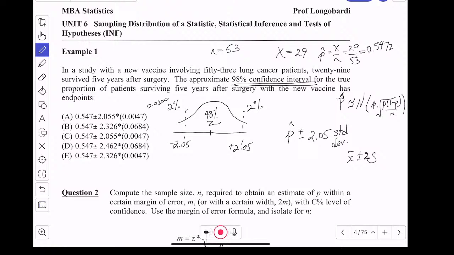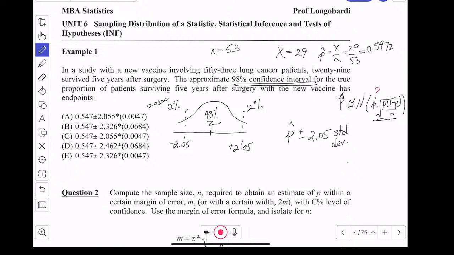Okay, so what are the standard deviations? Well, from the theory, I also have the standard deviation. I have this here, but I don't know p. So in every case, I don't know p, but I'm going to estimate p with the best guess I have from the sample. So let's say I don't know what the true proportion is. I'm taking that away from you.